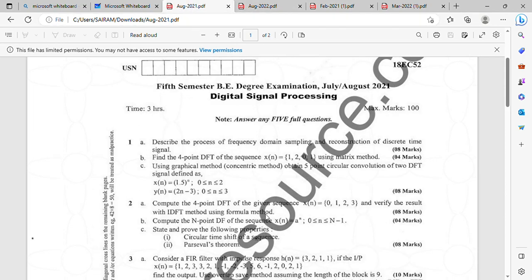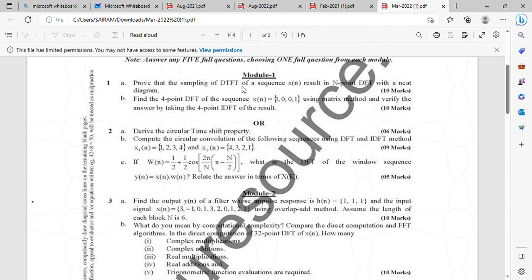But if you take another question paper, see here, take this question paper only, because after August this is the next question paper, right? See here, does the same question come in one? No, you have got sampling of the DTFT of a sequence x of n resulting in an N-point DFT, and you have got a 4-point DFT of x of n equal to 1001 using the matrix method.